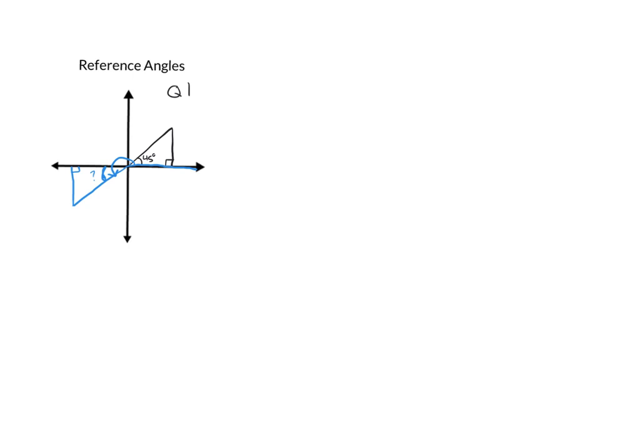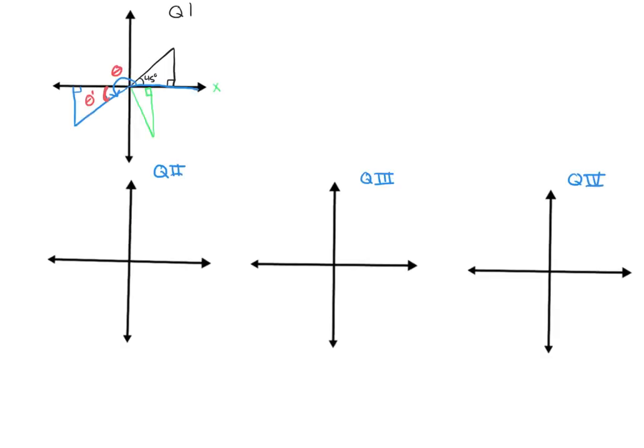If we have one in quadrant 4, drawing to the x-axis, finding those right triangles. So if we start with this angle measure theta, what we want is a reference angle, which we're going to call theta prime. There are rules on how to find the reference angles depending on which quadrant you're in.